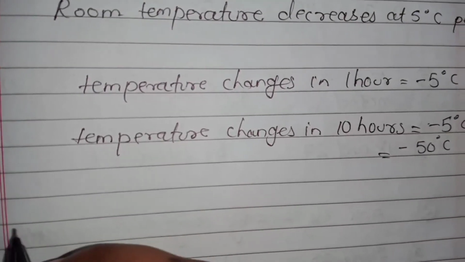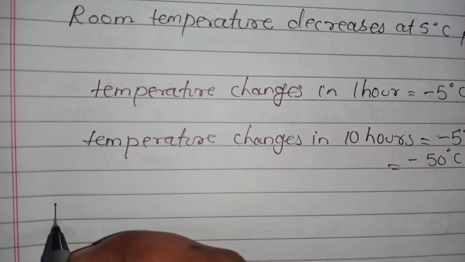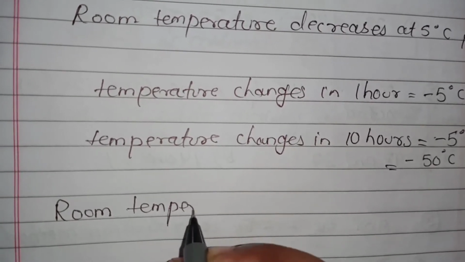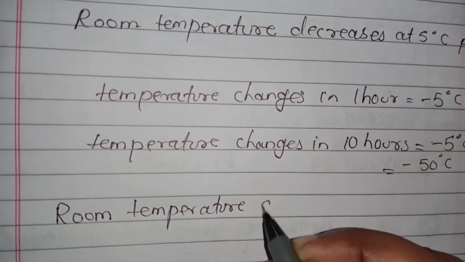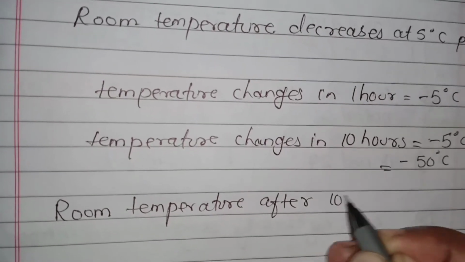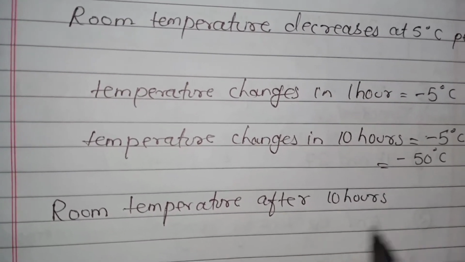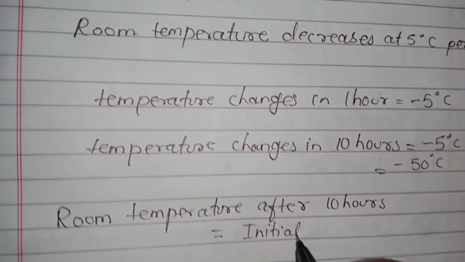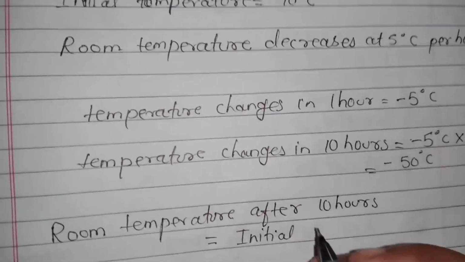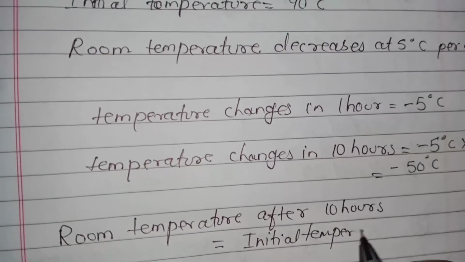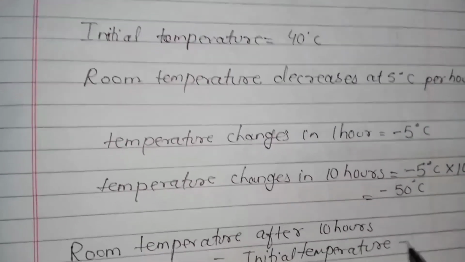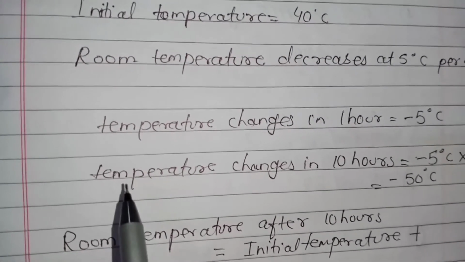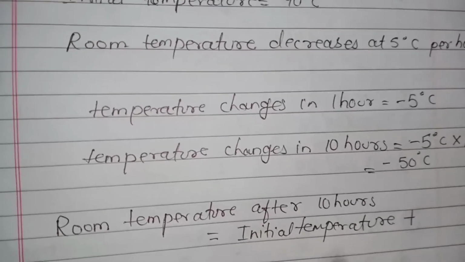So we write room temperature after 10 hours: initial temperature, which we already wrote, plus the temperature change in 10 hours.